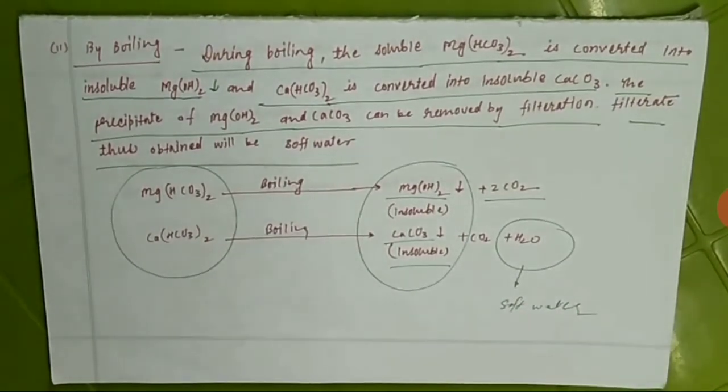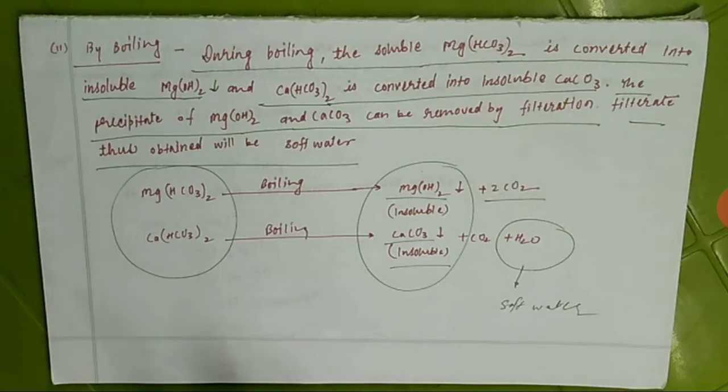So dear friends, how can we remove the temporary hardness of water? By the Clark method. In the Clark method, you are treating the temporary hard water with slaked lime. Slaked lime is calcium hydroxide, which converts the temporary hard water into calcium carbonate and magnesium hydroxide precipitate, which on filtration will give the soft water.